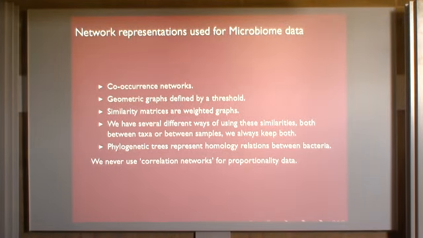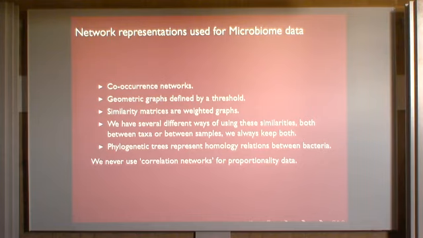Here are some of the networks that come up for me in the applications, and I'll show you some of the ways we work. So there's the co-occurrence network, where samples are connected because they have a lot of similar species. We have geometric graphs that are defined by a threshold on a specific distance.